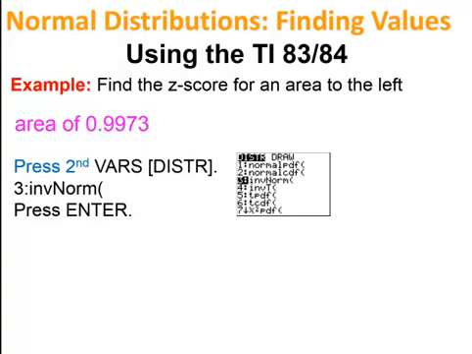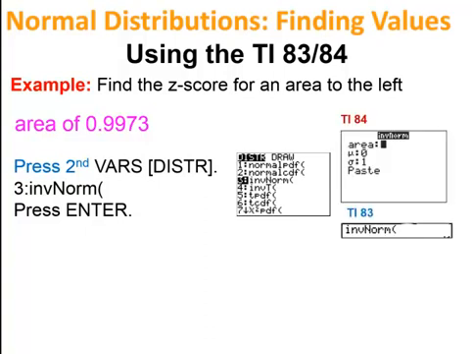And then you want to choose number 3, which is the inverse norm, meaning we're given the area and we want to find the z-score, versus having the z-score and wanting to find the area.